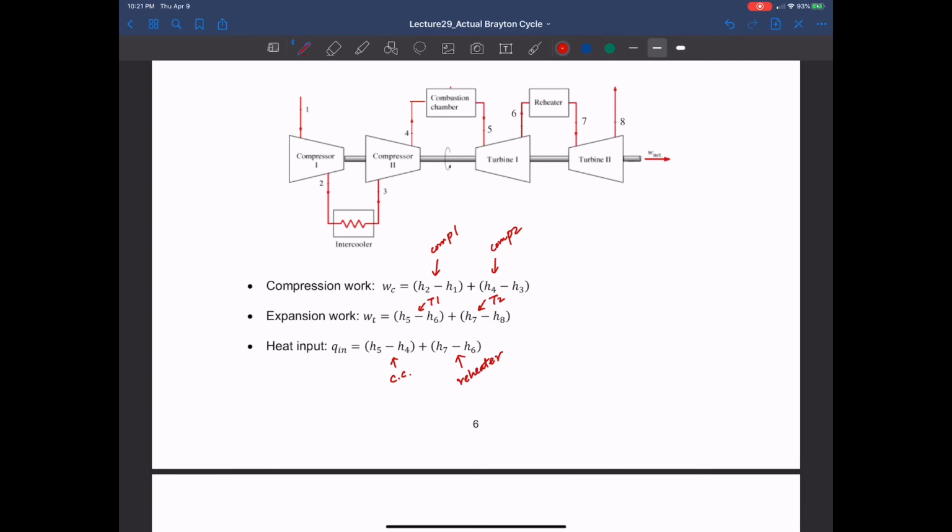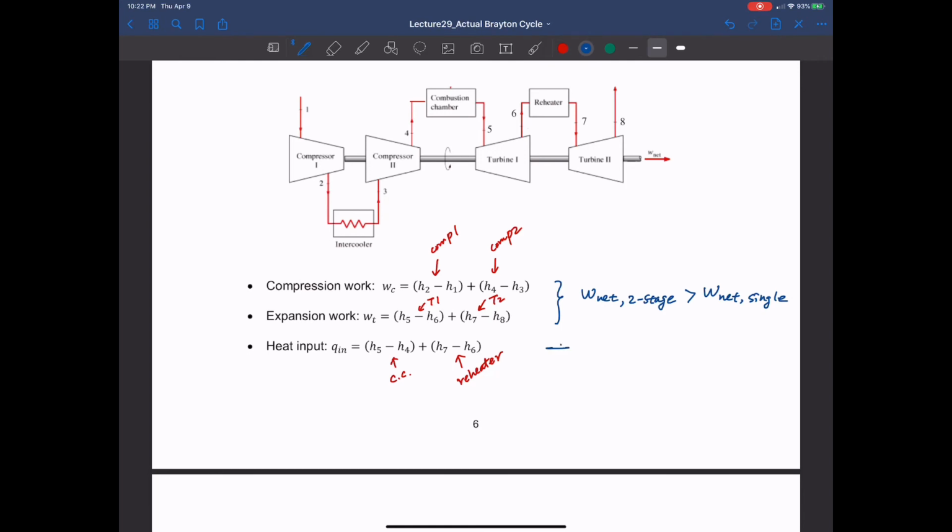So, as we discussed more qualitatively using the TS diagram, by doing thermodynamic analysis of this compressor work and expansion work, we can clearly calculate the value of net work for two-stage, and this one is greater than the net work for single stage.